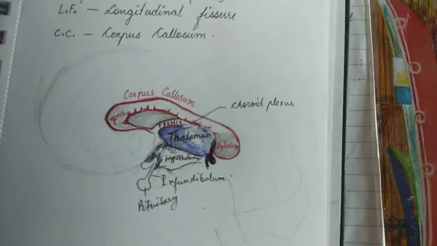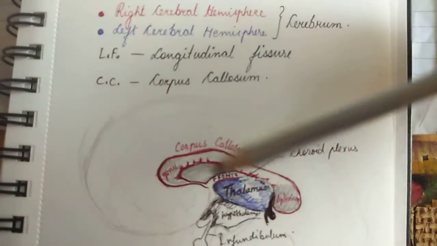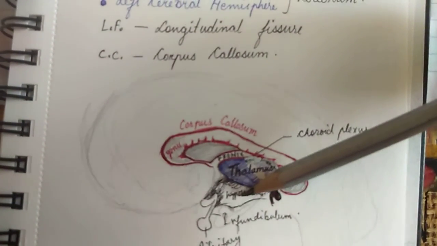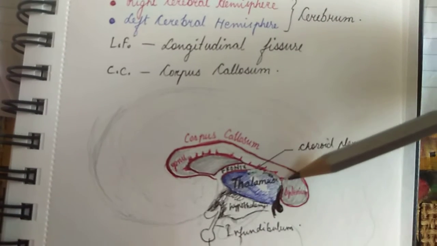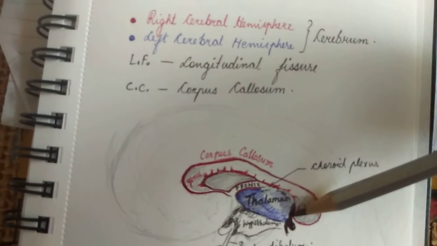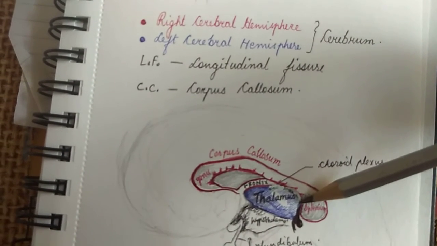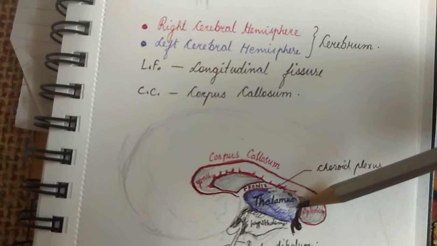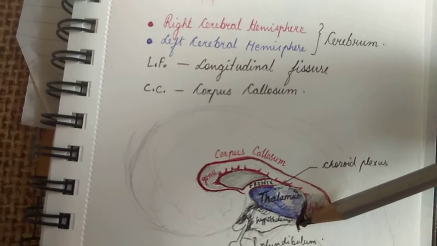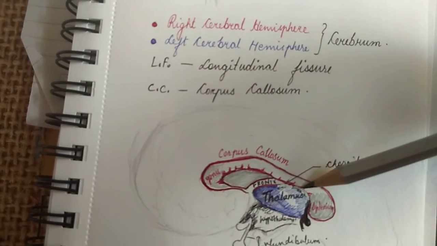Diencephalon. It comprises of epithalamus, thalamus, hypothalamus. Epithalamus is thin and is not formed of nervous tissue. Its anterior part is vascular, which folds back to form the anterior choroid plexus.